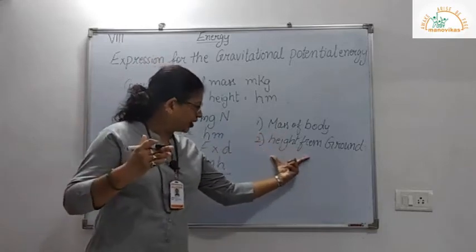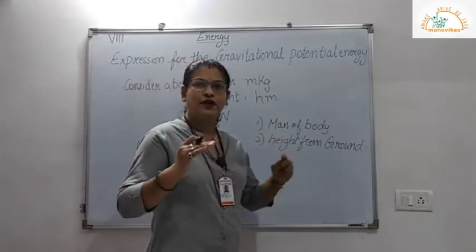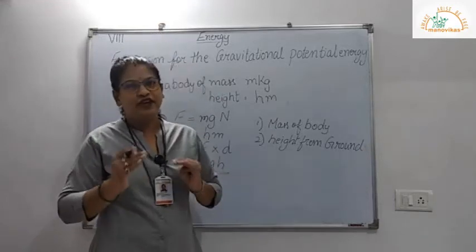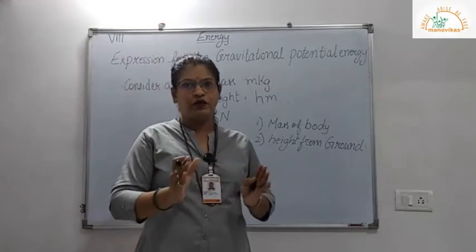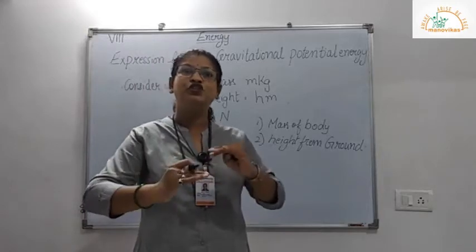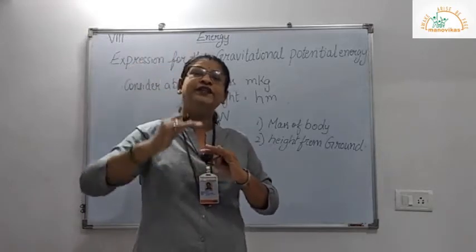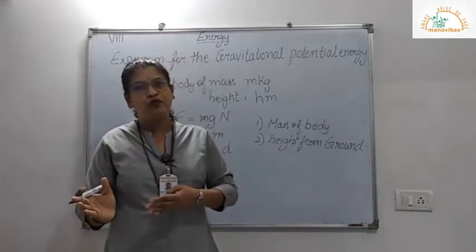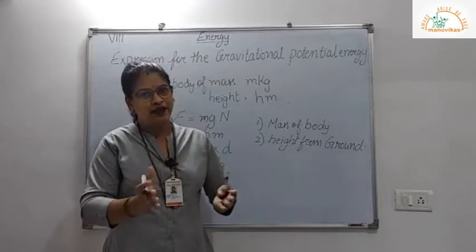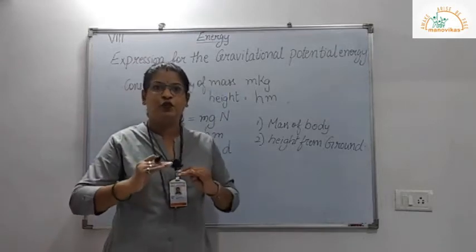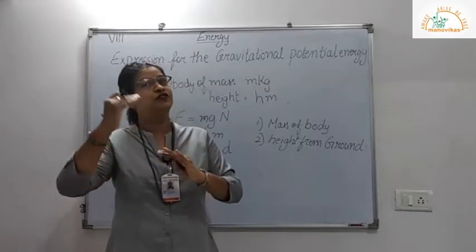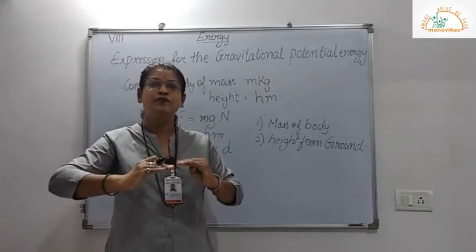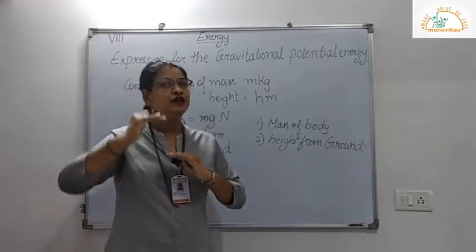Now we see the second factor, that is the height from the ground level, the height at which it is raised. If I consider a bucket of water of mass 10 kg which is on the second floor, that is at a height of 6 meters, and a bucket of water of mass 10 kgs which is on the first floor at a height of 3 meters, in the first case the potential energy will be more as it is raised to a greater height than in the second case.